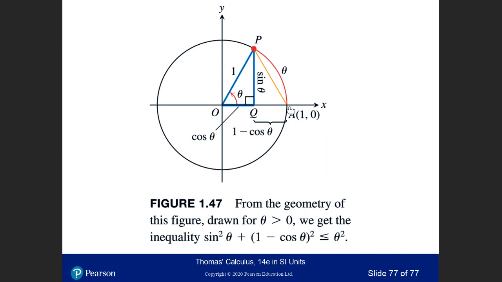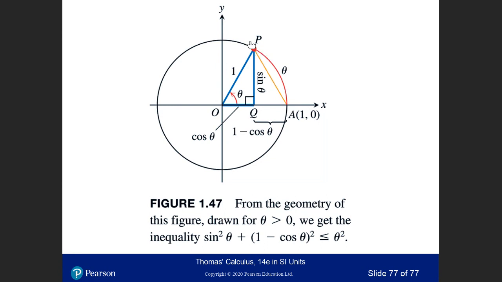This arc is longer than this yellow line, because this yellow line here, 1 minus cosine theta is this side. You take the square of this plus the square of this, you get the yellow line.